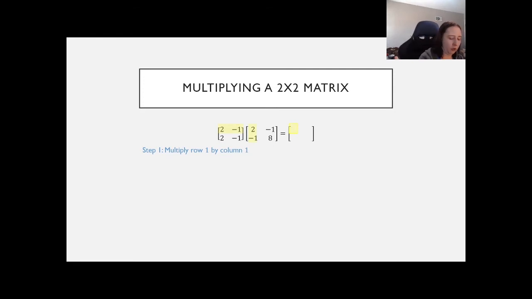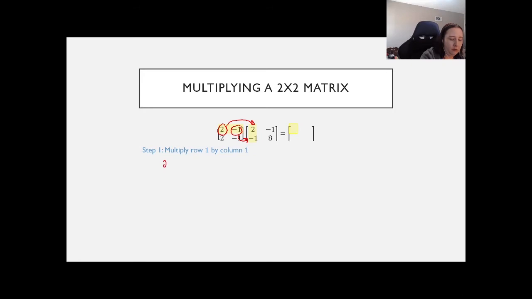So the way that this works is your first number gets multiplied by the first number in the next matrix. So your first number in the row gets multiplied by the first number in the column. And then the second number gets multiplied by the second number in your column.